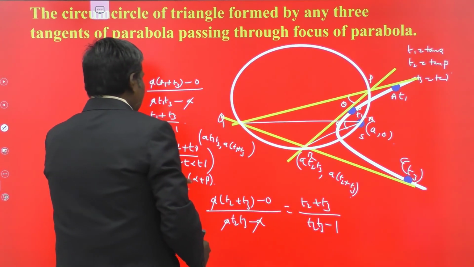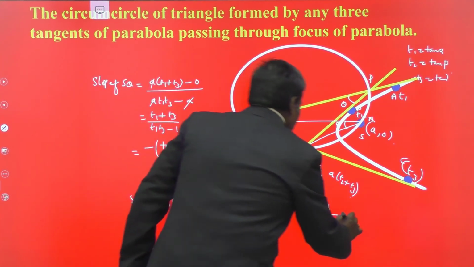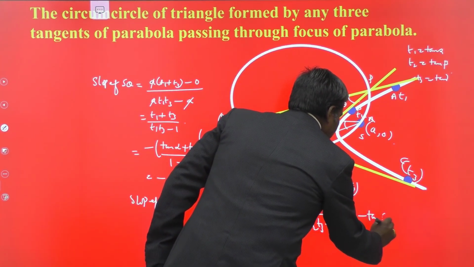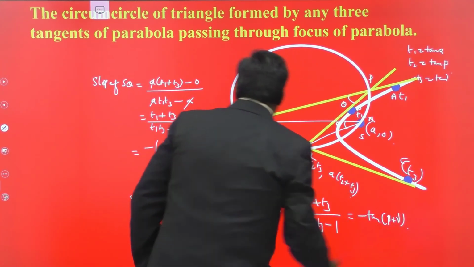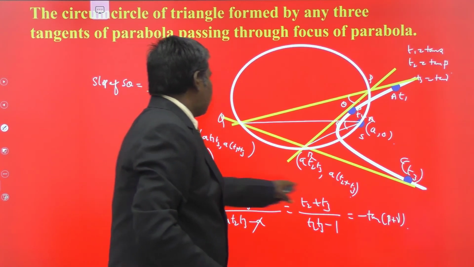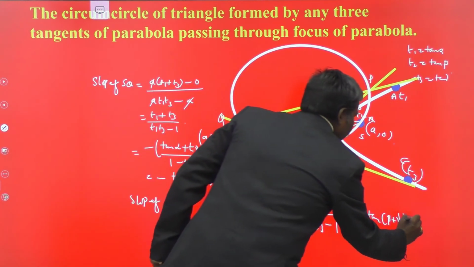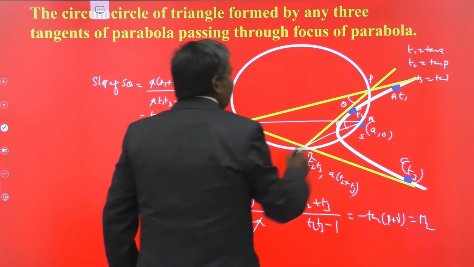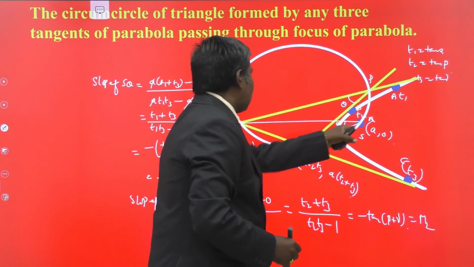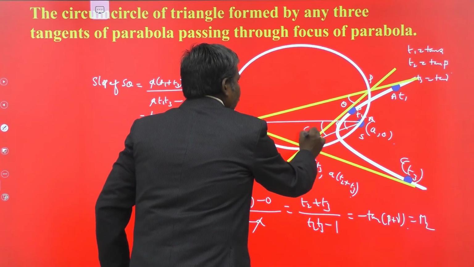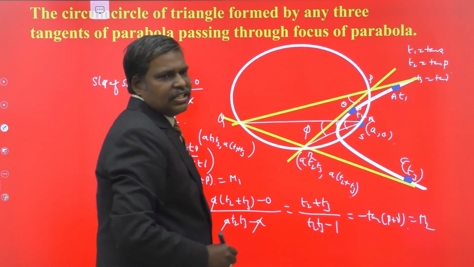This is nothing but minus tan of beta plus gamma. So these are the slopes. This is say M1 and this is say M2. Can I get the angle between these two lines or not? Suppose it is angle phi, you are going to show that theta is equal to phi.